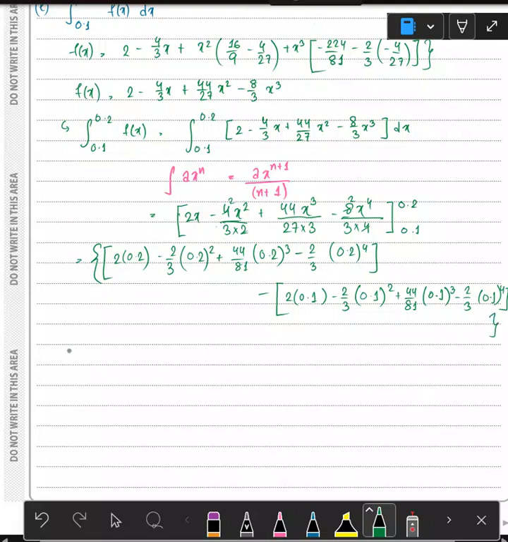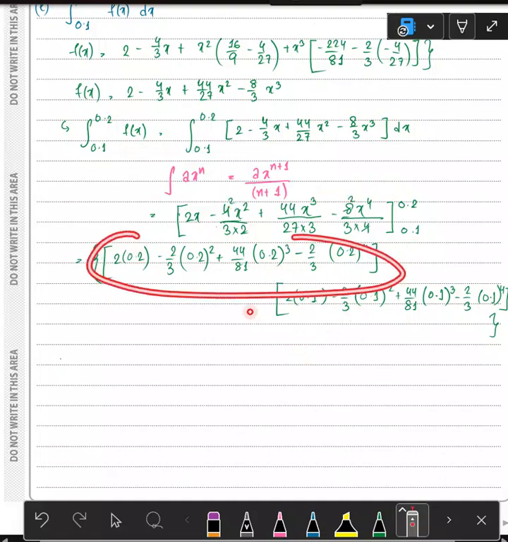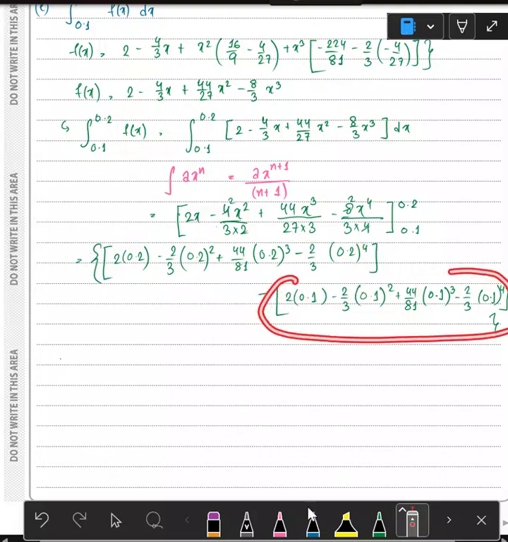Brackets close. So now, if you put all this in your calculator, at first you put the upper limit part in your calculator, then you put the negative sign, and then you put the lower limit part in your calculator.